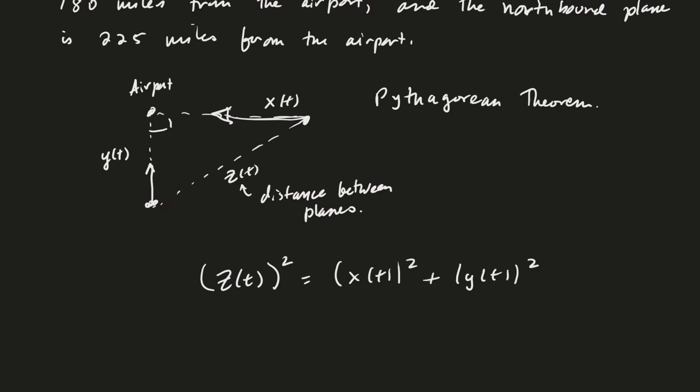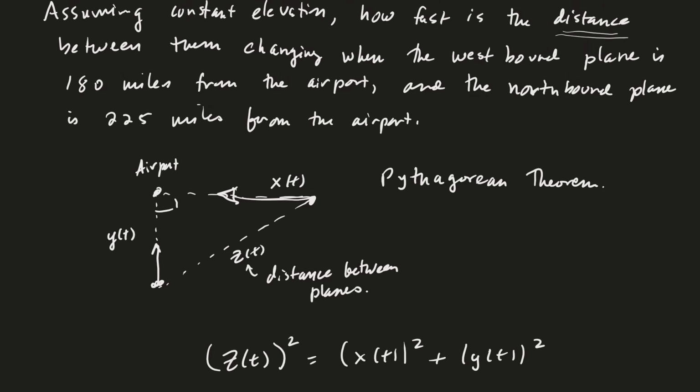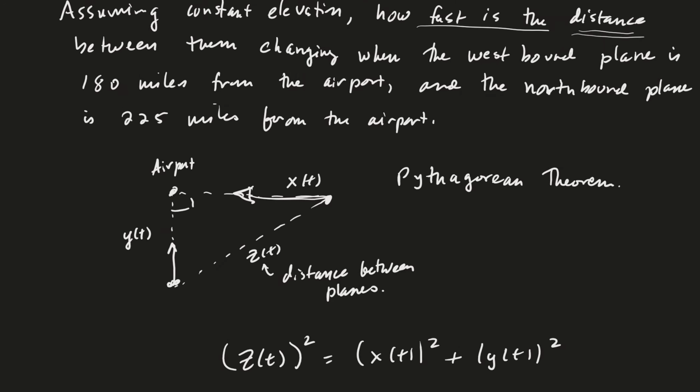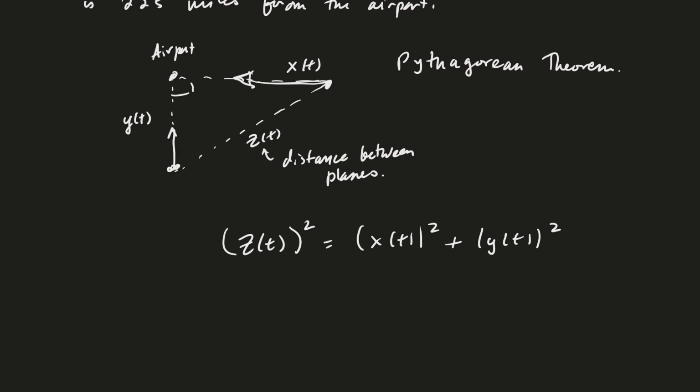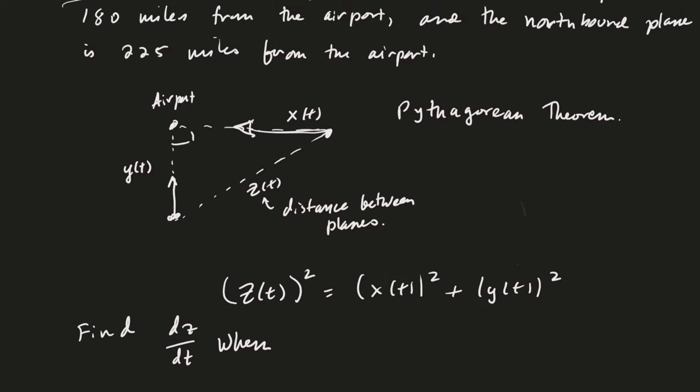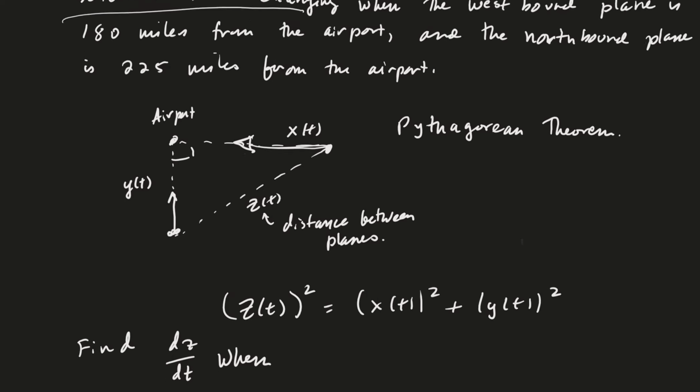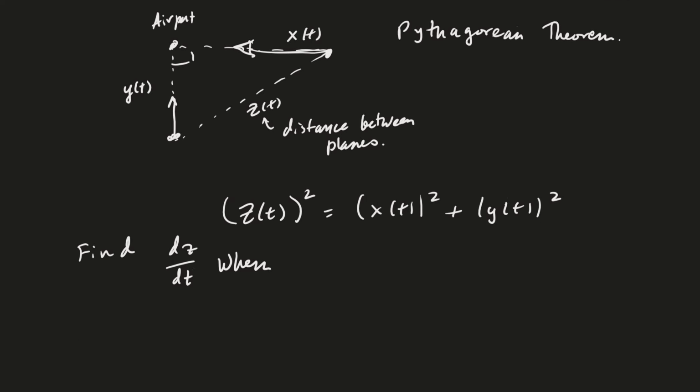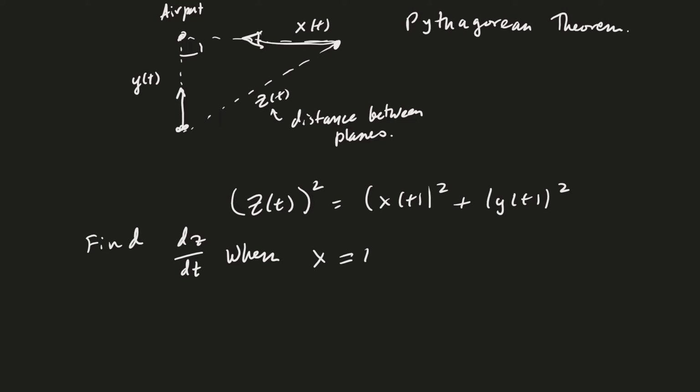Okay, so then we have to differentiate, because what are we looking for? How fast is the distance between them changing? So we're trying to find dz over dt when x of t is 180 and y of t is 225.